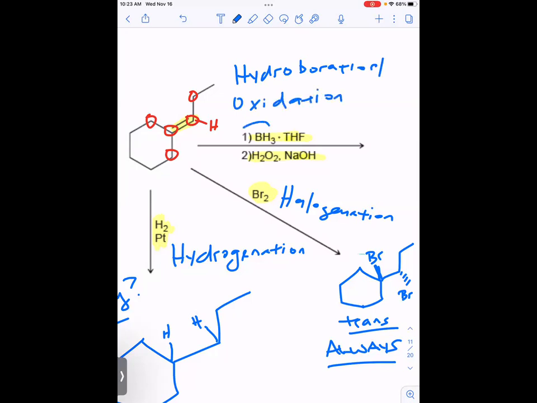All right, anytime you see this, followed by that, it's a hydroboration oxidation. Anytime you see that. What does that reaction do?